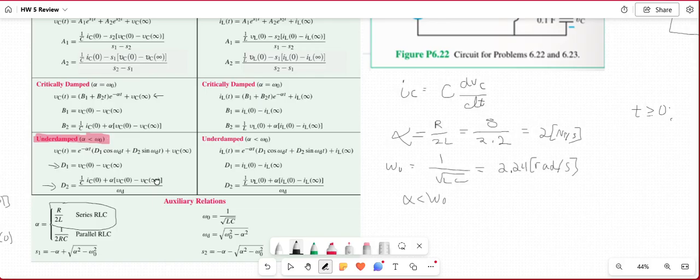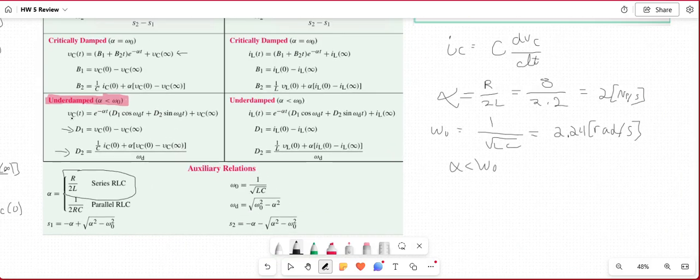So it's showing that we're gonna need VC of 0, which we already found.